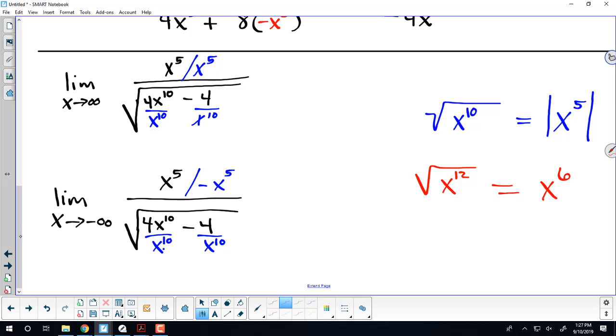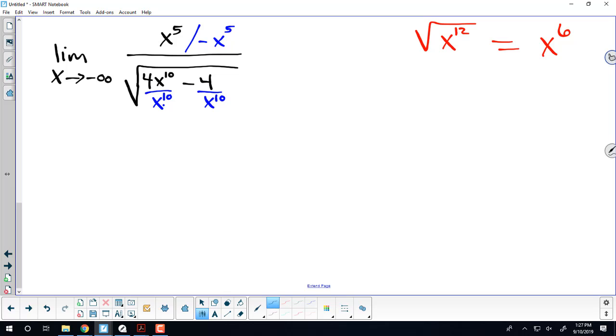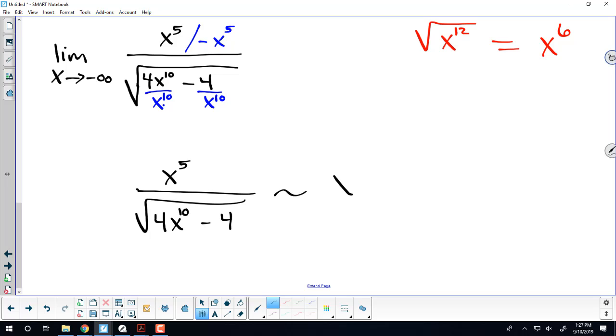Okay. So if we're doing it the easier way, let's just write it here. This function would be equivalent to x to the 5th over the square root of just 4x to the 10th, just leading term over leading term.